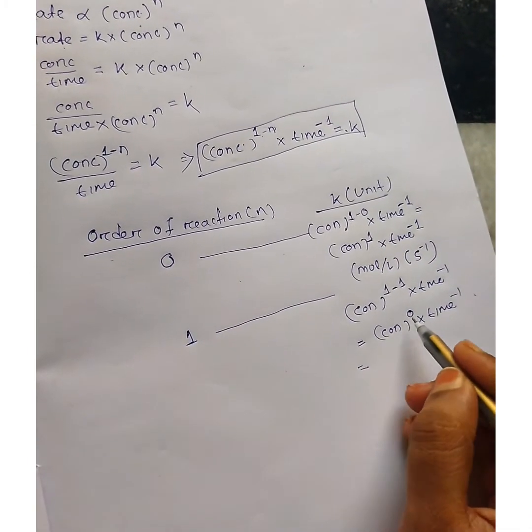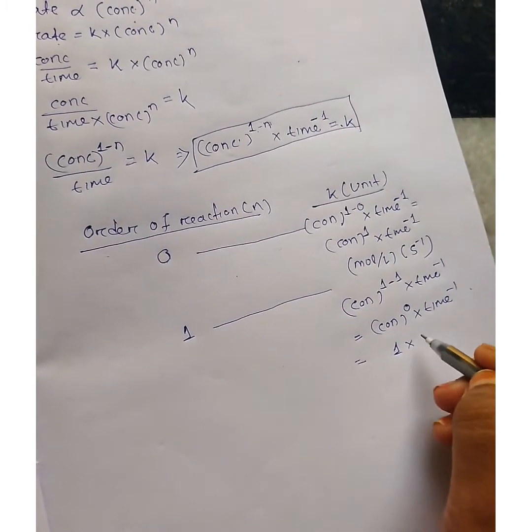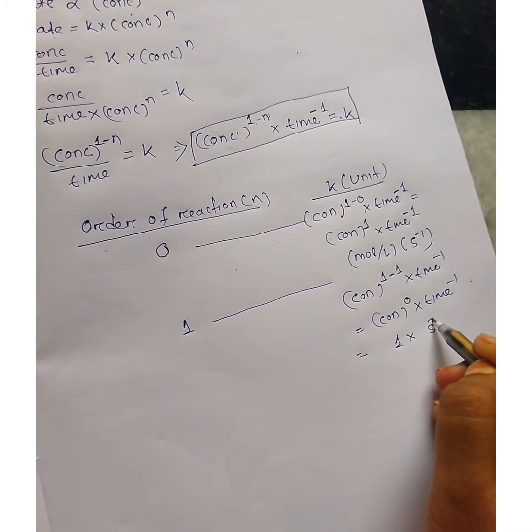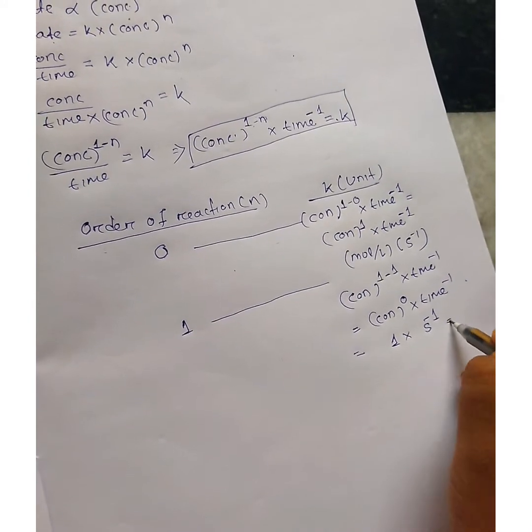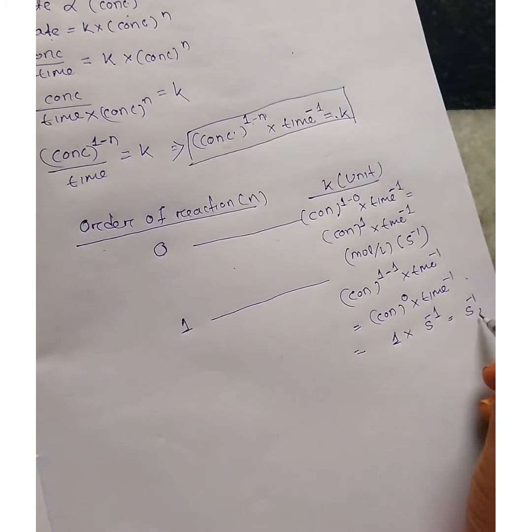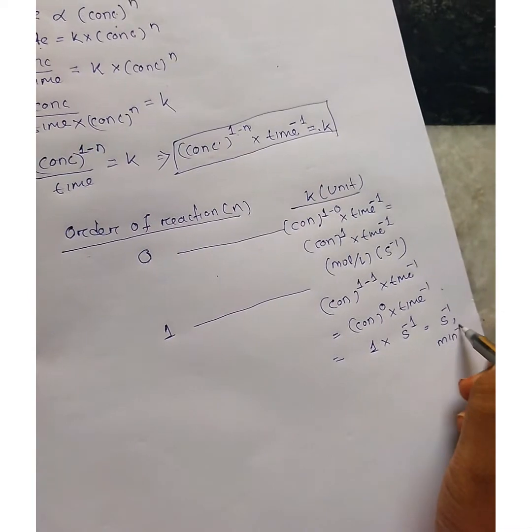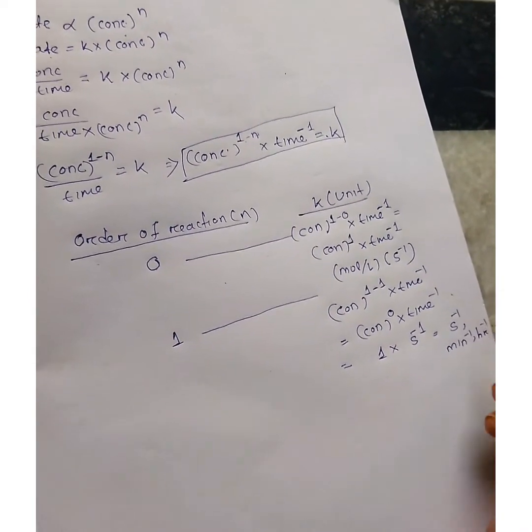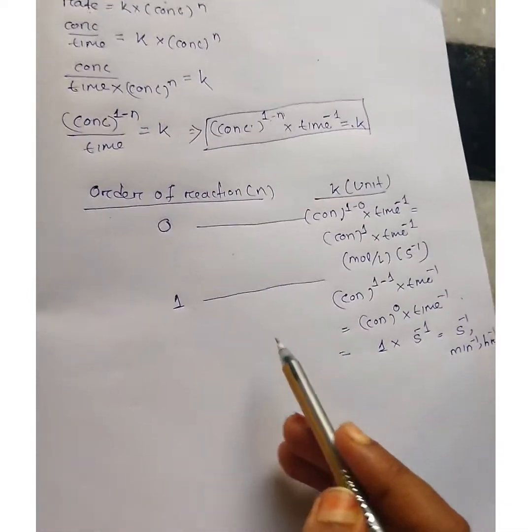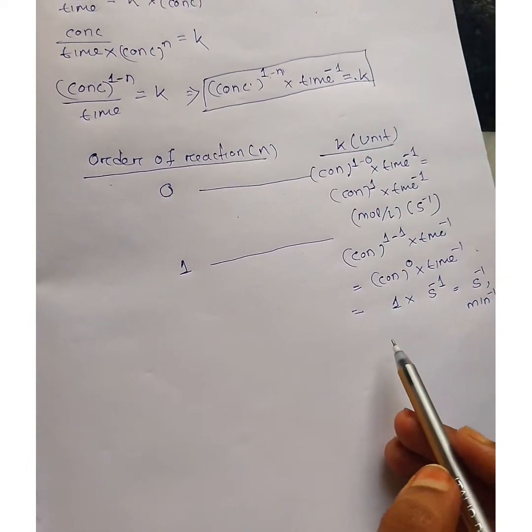Concentration to the power 0 is 1. And what is the time? Second inverse. That is second inverse or minute inverse or hour inverse. If it is first order reaction, then what is the unit of the rate constant?